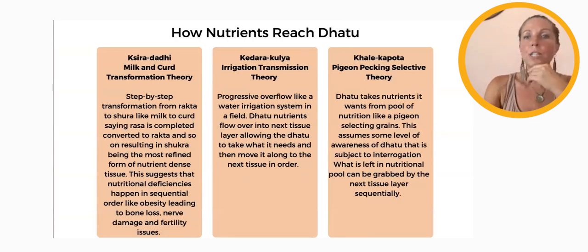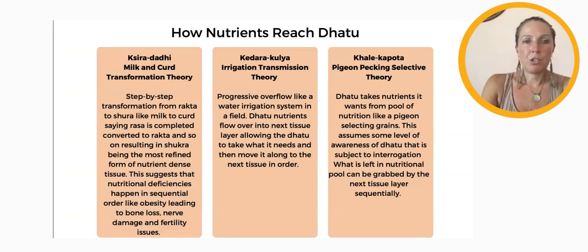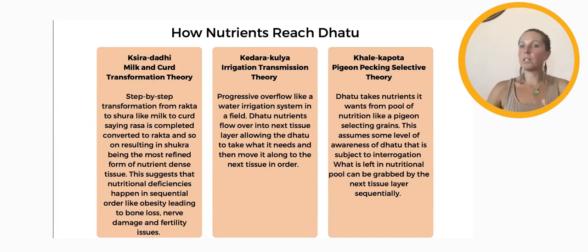So how do nutrients reach each dhatu? And this is kind of an interesting 3 different theories. We've got the milk and curd transformation theory. So this is saying step by step transformation from, and this is rasa, not rakta, to shukra, like milk to curd, is saying that rasa is completed, it's converted to rakta. It's completed, it's converted to mamsa.